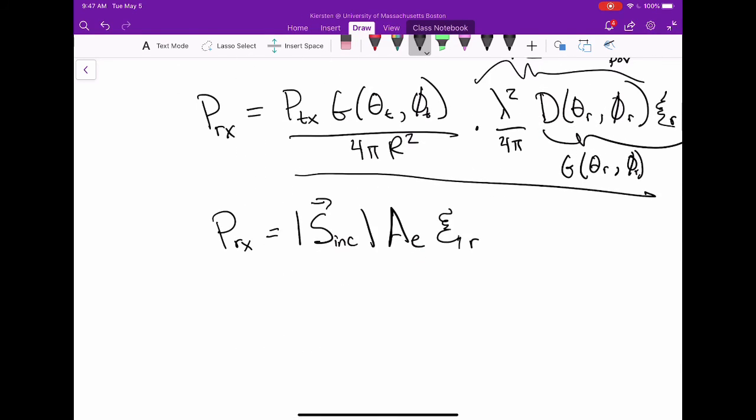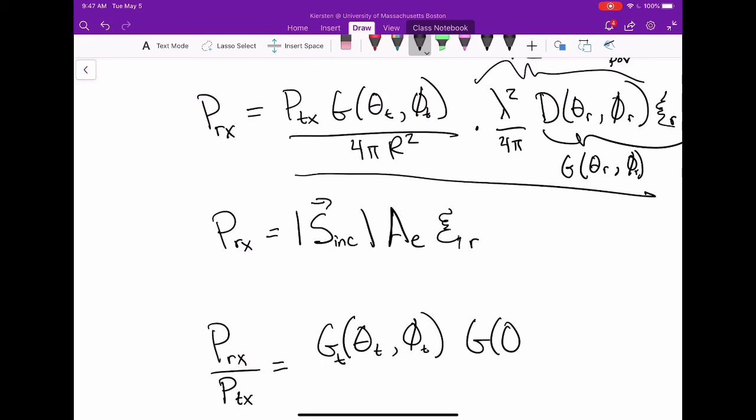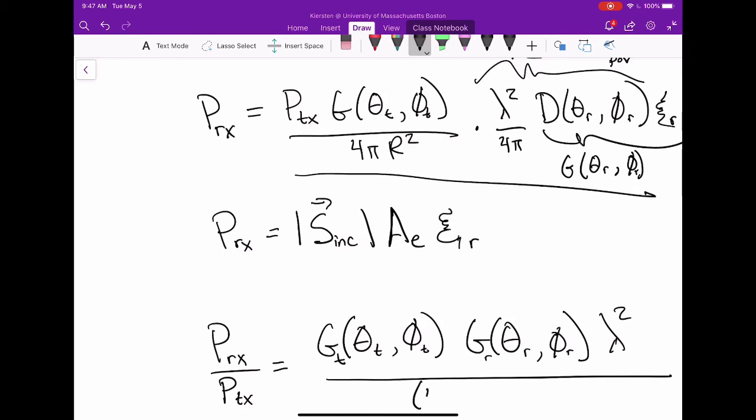And if you move the transmit power over to the left-hand side, you get the gain of the transmitter times the gain of the receiver times lambda squared divided by 4 pi r, with that whole quantity squared.